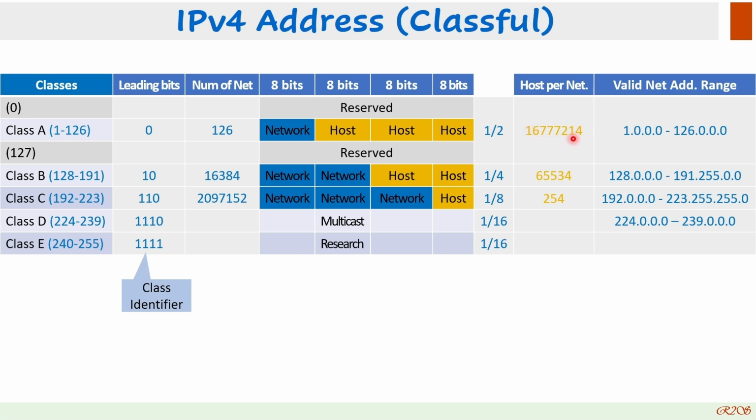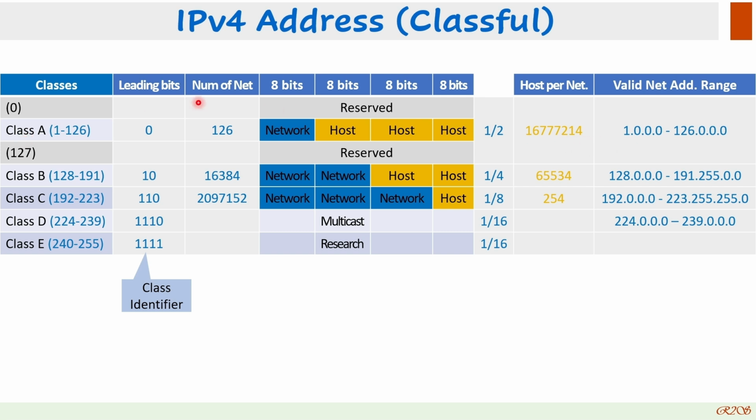Okay, so these are very big numbers, right? Each of the class A networks can have this number of hosts. That means class A is the biggest network type, so each class A network is big.